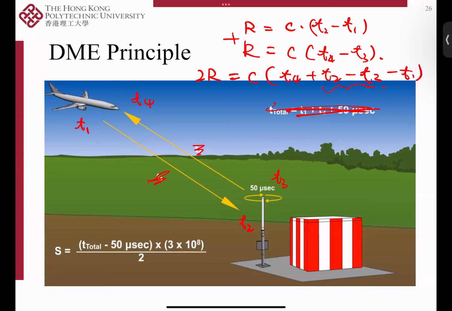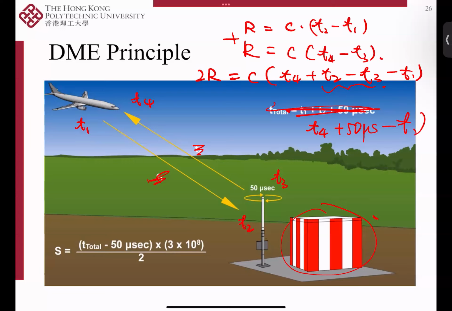T2 and T3 actually have a relationship: it is the processing time on our station. So in here, we'll have T4 plus our processing time, which for example is assumed to be this many seconds, and then we divide by this.